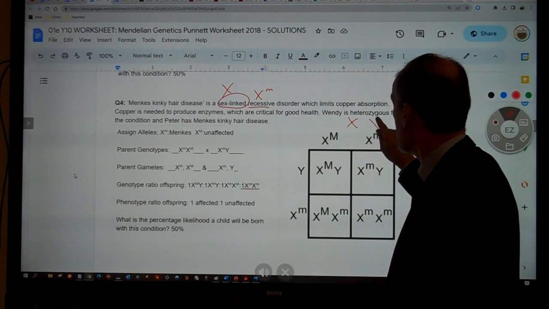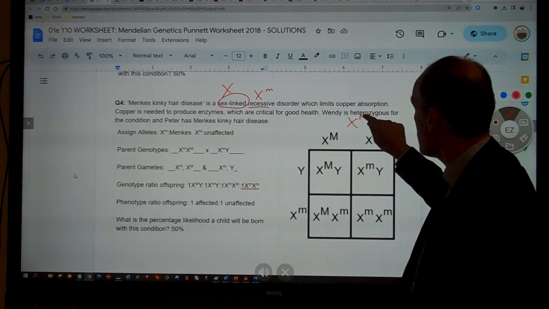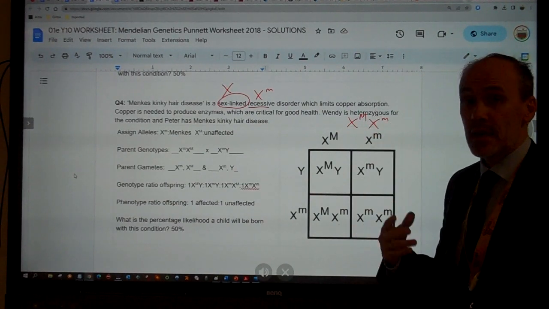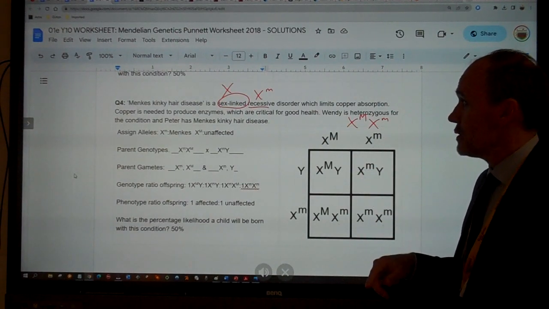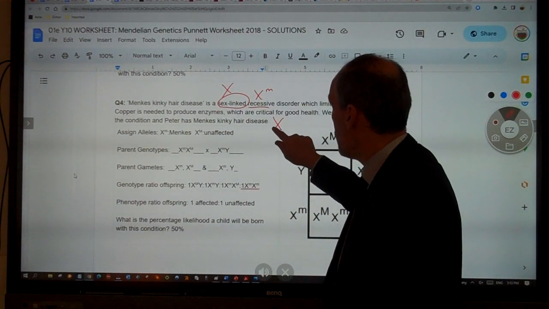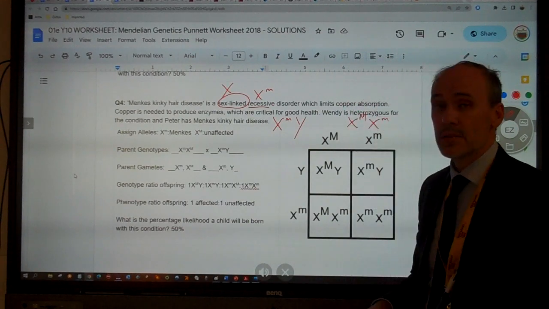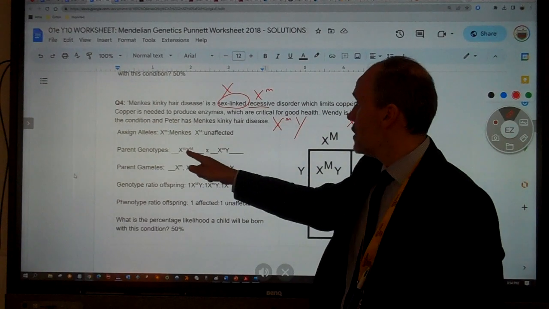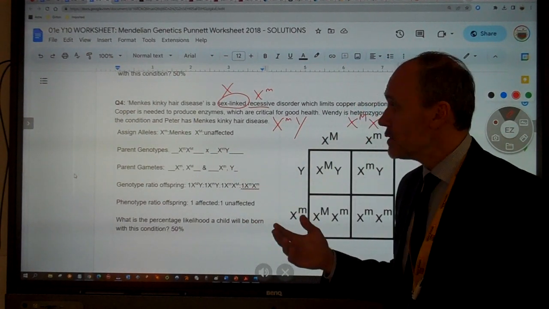She's got to be an XX, and a heterozygote means one of each. So she's got a big M and a little m. So she is in fact a carrier. She's not got the condition, but she carries the gene. And Peter has Menkes. So on his X, he has a little m, and then he has a Y. And so here's our parent genotypes.